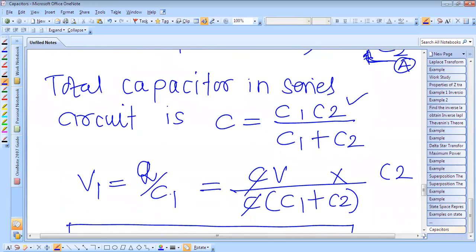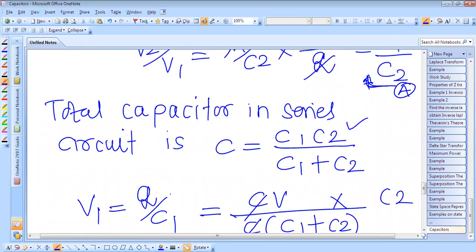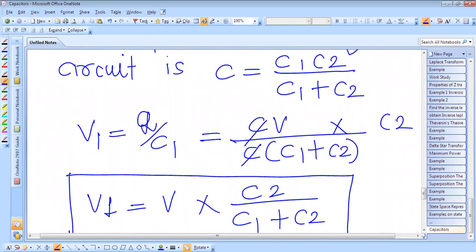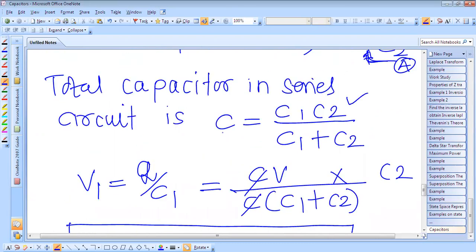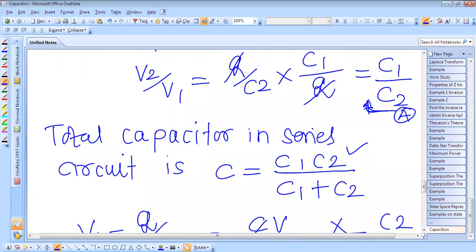We know the total capacitance of the series circuit is like this, and now we have to find the voltage across capacitor C1. So V1 is equal to Q by C1. Just put in the value of Q, which is CV, and the value of C1 we find from this.